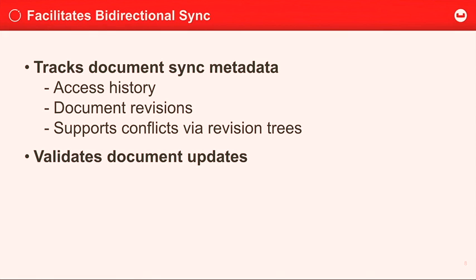We also track document revisions, and as you've seen in previous presentations, revisions can be in conflict, so Sync Gateway supports revision trees. Conflict resolution is not done within Sync Gateway, but the information can be replicated out to the devices where the conflict resolution will take place.